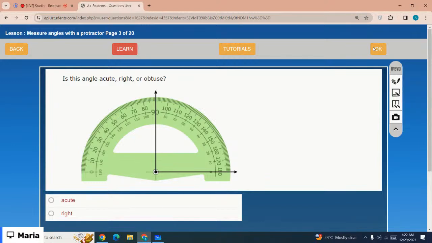Is this angle acute, right, or obtuse? Which is the correct option? That is exactly 90 degrees. So this is the right angle. The correct option is right angle.